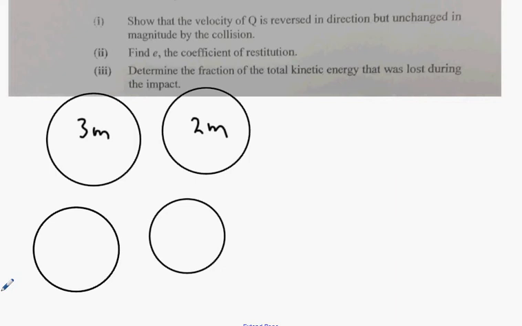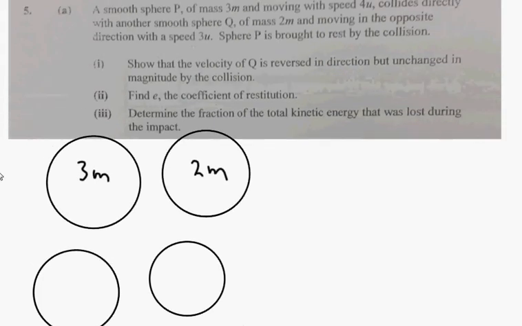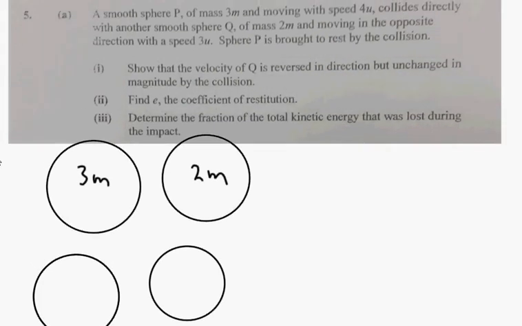They're so easy. Okay, and what 2m and 2m is, it's going with speed 4u this way, and then the 2m is going in the opposite direction with speed 3u. That makes a relative velocity of 7u when they hit into each other, right?